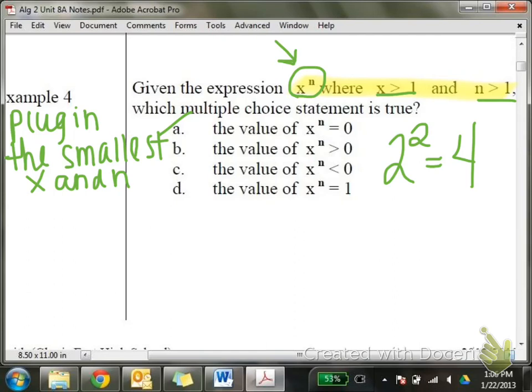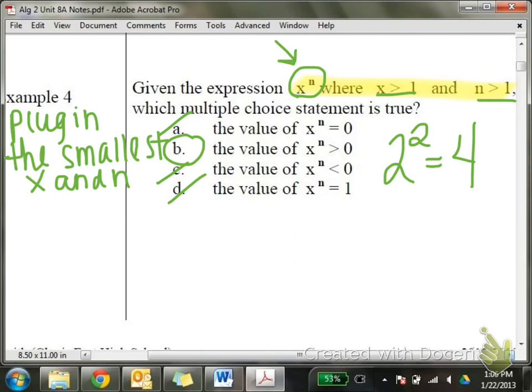Possible? No, not possible. Or D, the value of x to the n is equal to 1. Is that possible? No. So what is our answer? B. Okay, does that make sense? Basically what you're doing is picking an example that falls in the parameters, and that's going to help you figure out which answer choice we have.